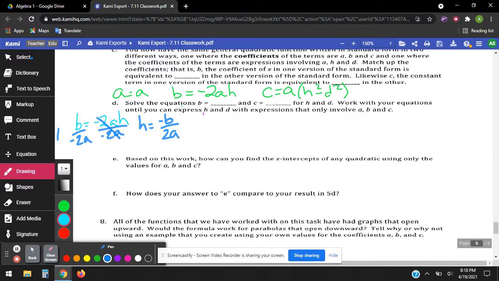Okay, so now for c, let's do a different color for c. Let's do kind of that pinkish color. So c, we want to solve for d. And so let's see, c equals a parentheses h squared minus d squared.